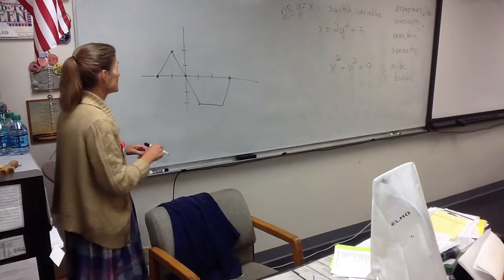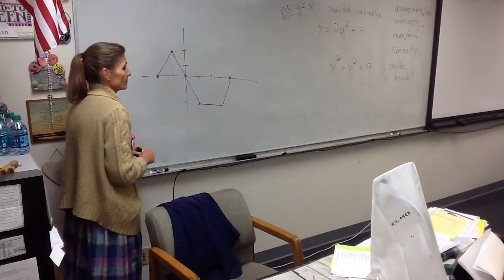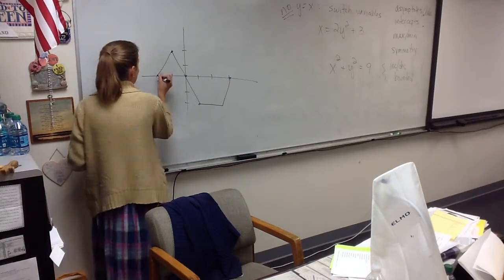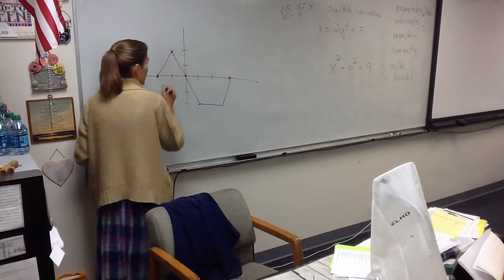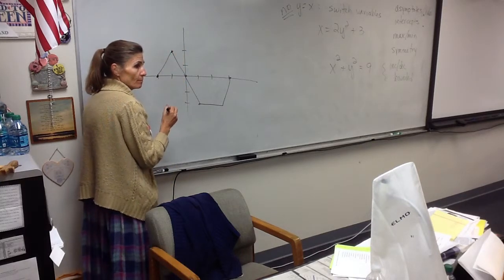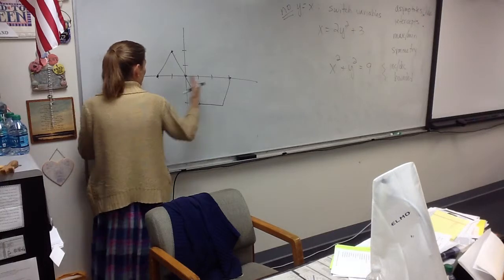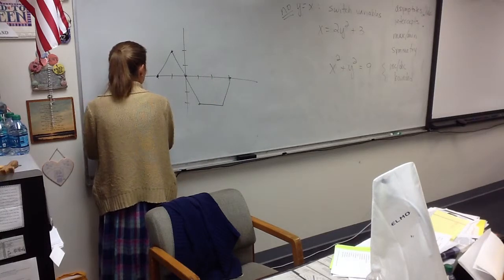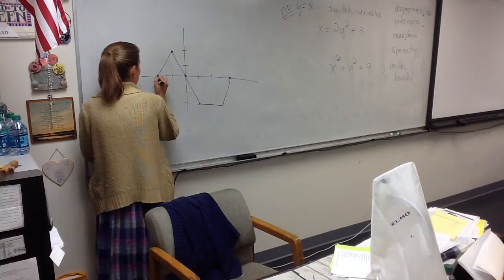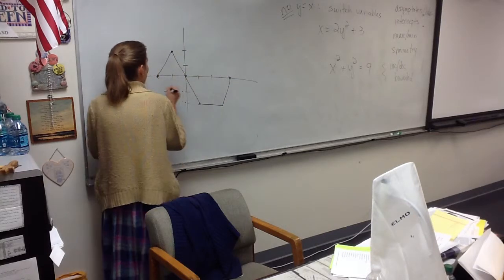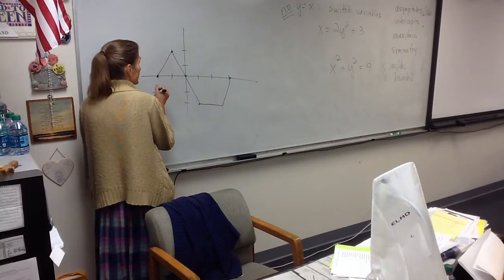I want to talk about increasing and decreasing. This is easy. Increasing means, where does the curve go? Up. We draw from left to right. So as I'm moving from left to right, if I were tracing this picture, where would my pencil be going? Up.